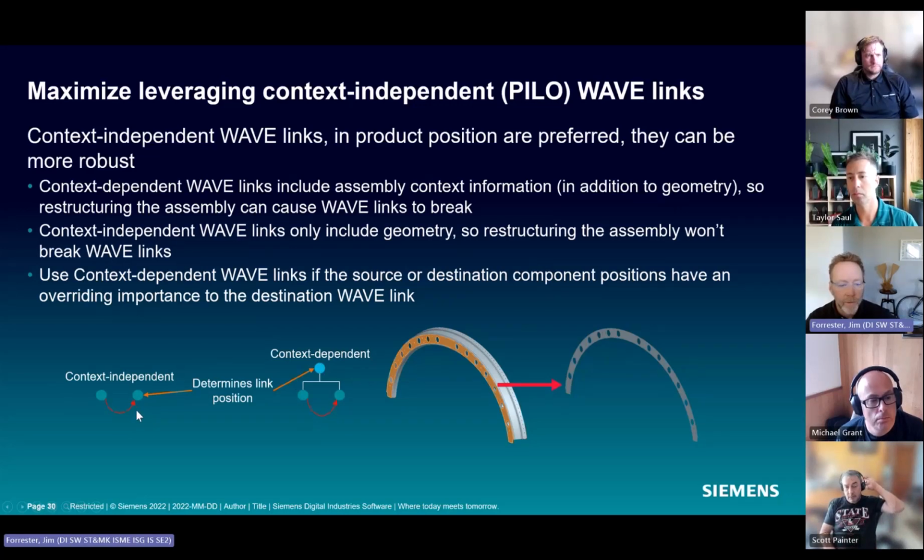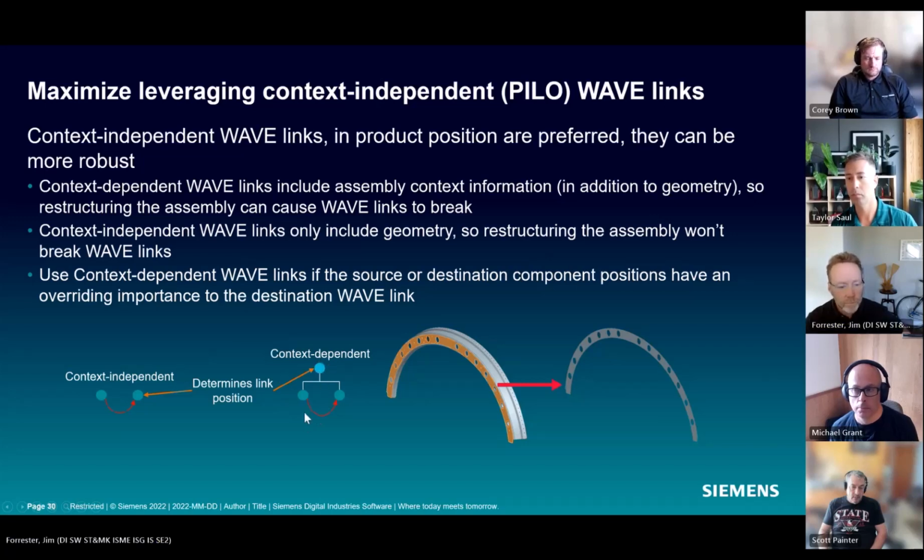Typically, for example, if a person makes a position dependent or context dependent wavelength from source to destination, the position of that wavelength is managed by the assembly part file.